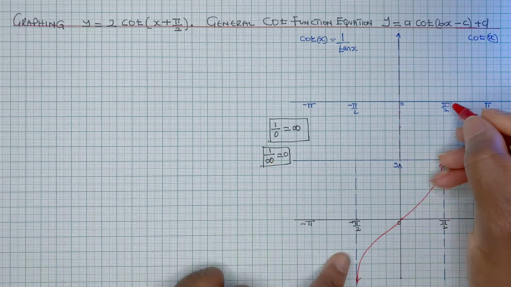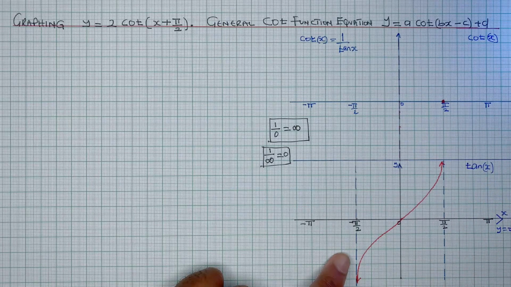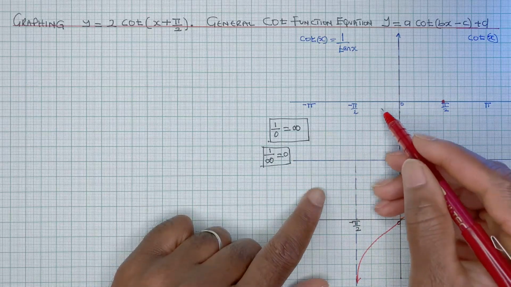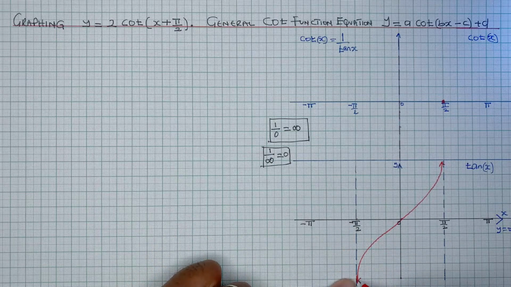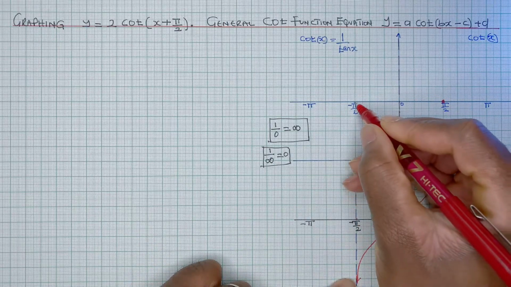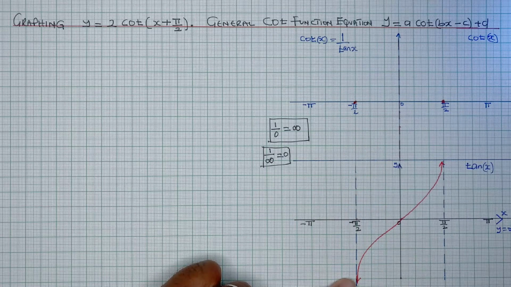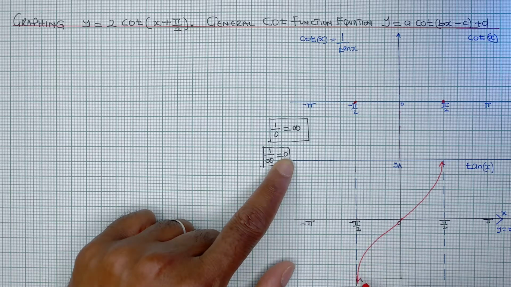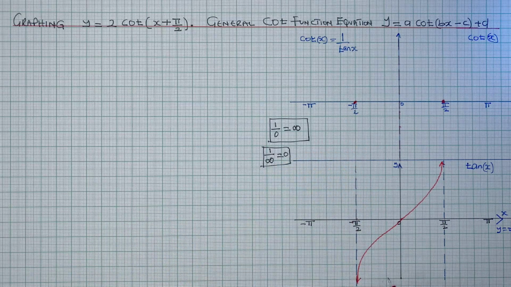That means it's going to cross 0 for cotan. And then minus pi over 2? Again, it's infinity for tan, so it's going to cross for cotan here. See, 1 over infinity is 0.